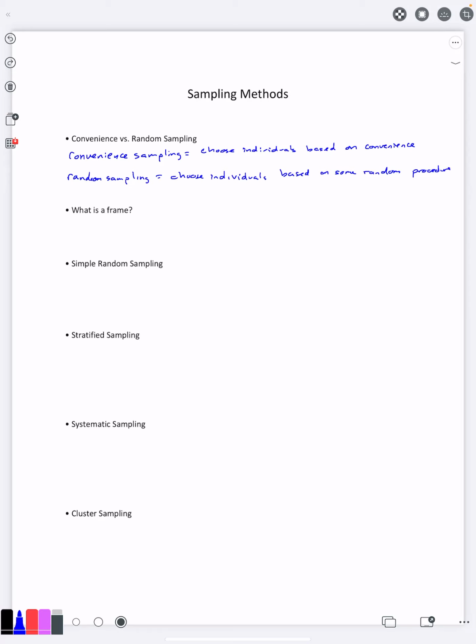Now, before we can actually get into picking these people, we're going to have to talk about what a frame is. So a frame is a listing of all individuals in the population. And it could be very easy to get a frame. It could be very difficult to get a frame. Here's an example that's not talking about asking humans questions.